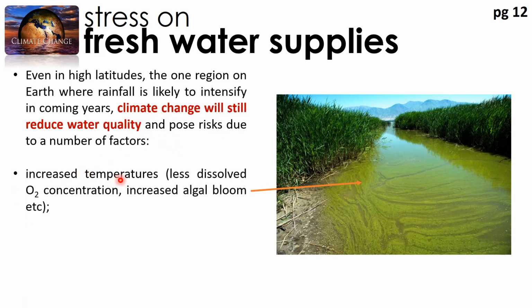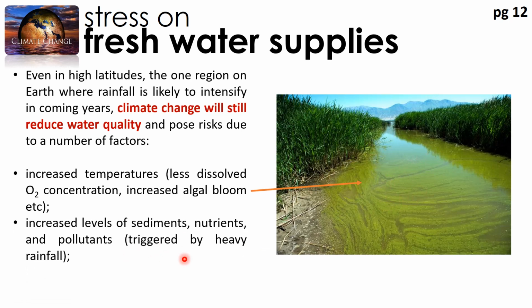Because increased temperatures will make it more difficult for oxygen to dissolve in water. So this water will have less dissolved oxygen concentration, thereby reducing its quality. And the increased heat will also increase algae blooms, meaning an explosion in the growth of algae in the water. So this also compromises the water quality.